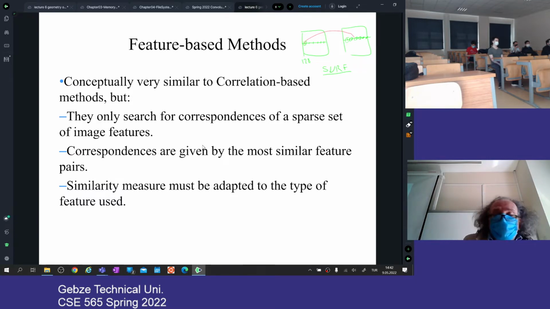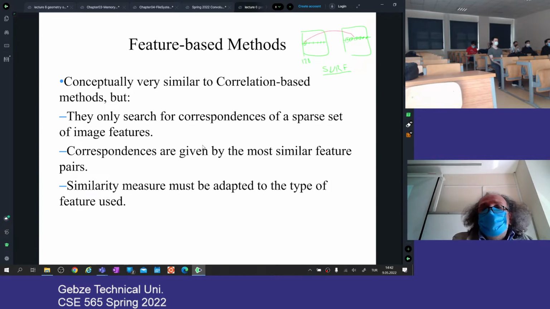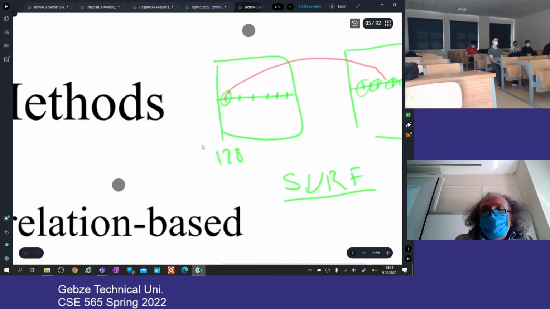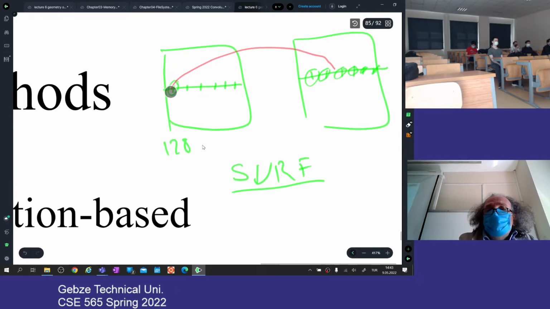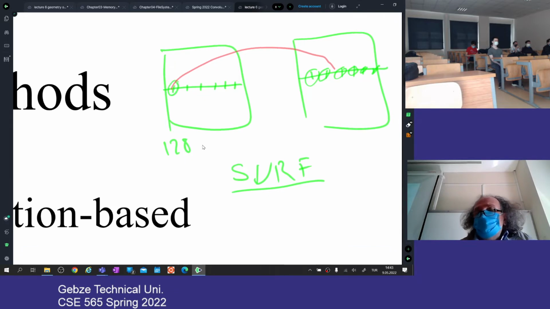So what we would do is run some kind of a feature detector on my left and right image, and then find the correspondences between these features, okay? So that means, at each epipolar line, instead of finding a correspondence for each point, I will find the correspondences for only detected feature points.